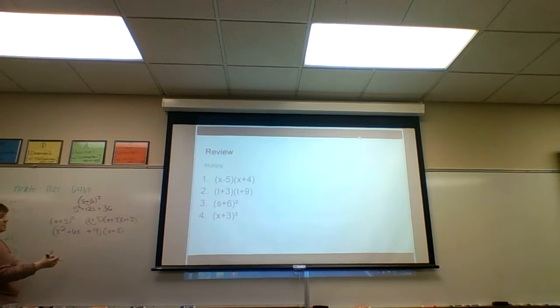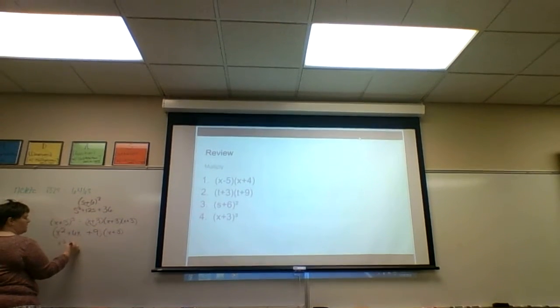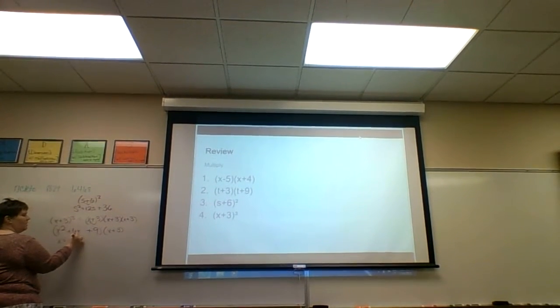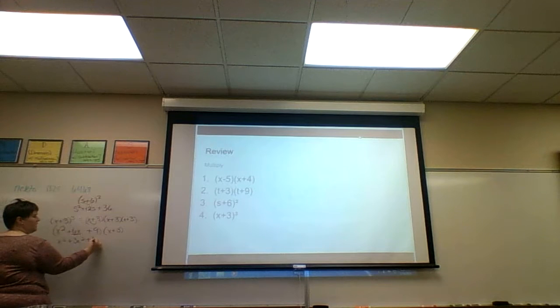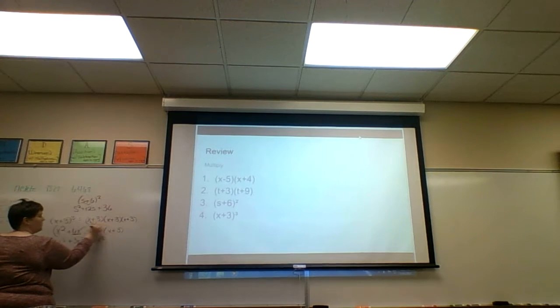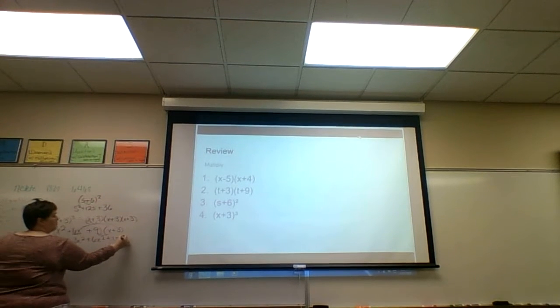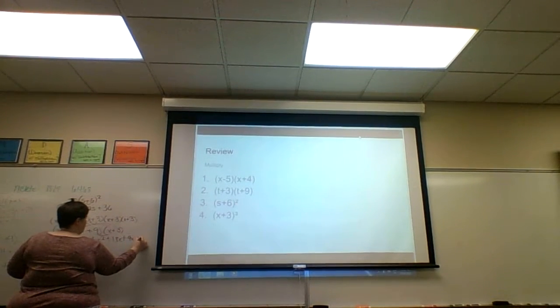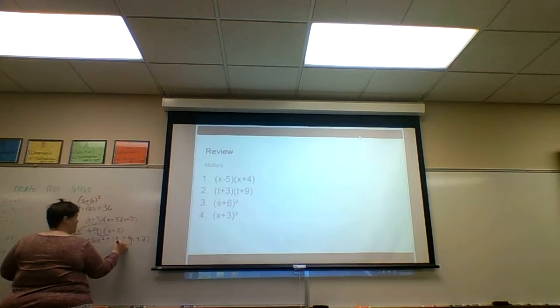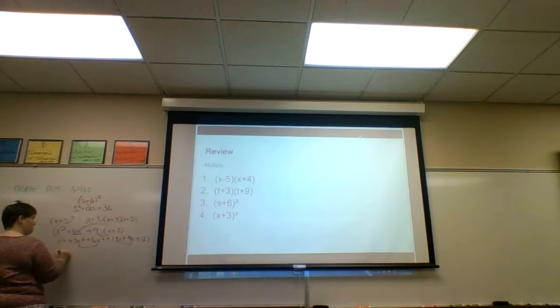And then take that times x plus 3. So x to the third plus 3x squared, this one plus 6x squared plus 18x plus 9x plus 27. Combine like terms there.